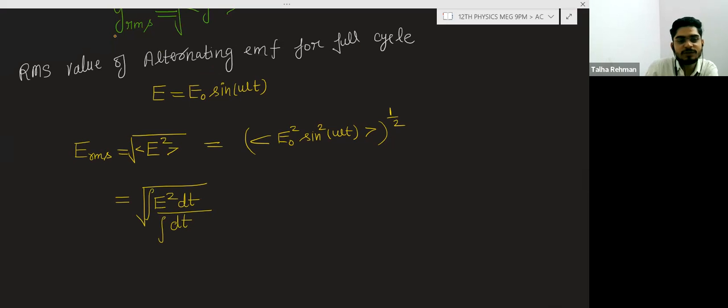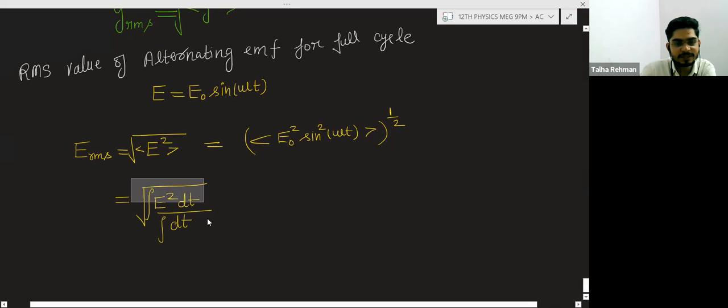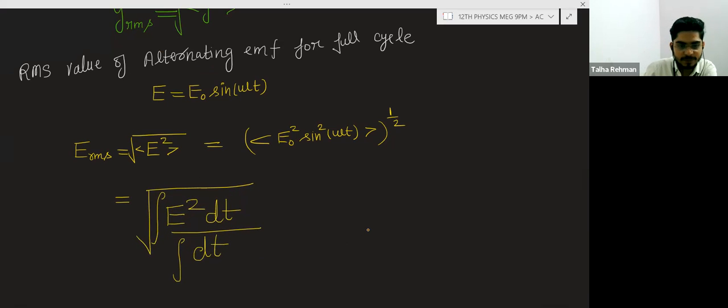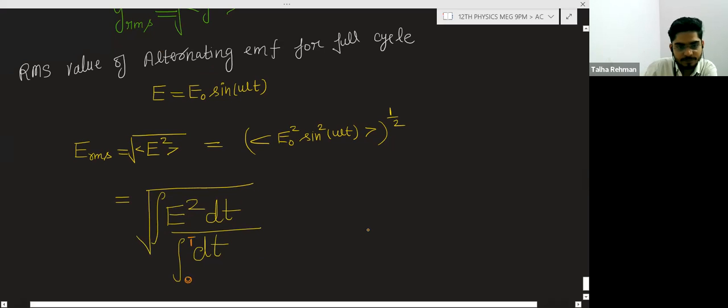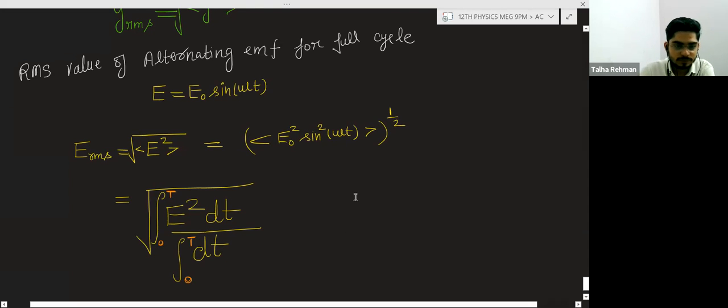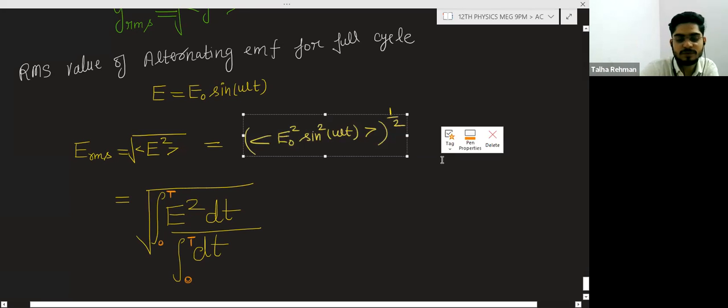You are calculating this RMS value for the full cycle, means 0 to T time. We can remove this for a moment.